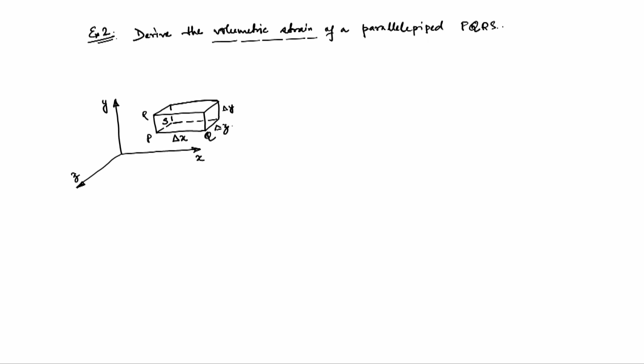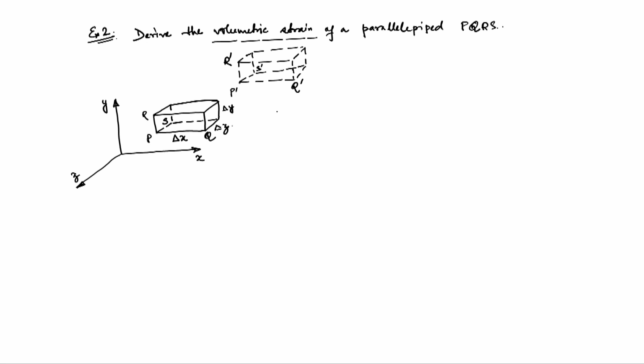Okay. Now, after deformation it shifts somewhere here. So, this is my P prime and then we have the other edges. So, it deforms in 3D. So, this is Q prime, S prime, R prime.